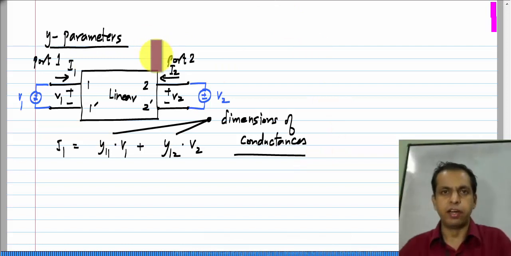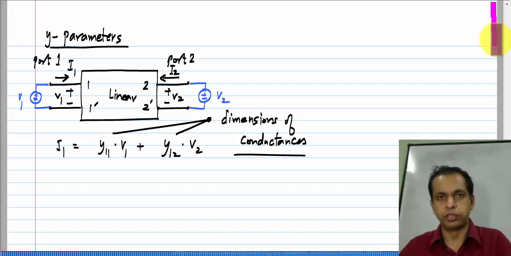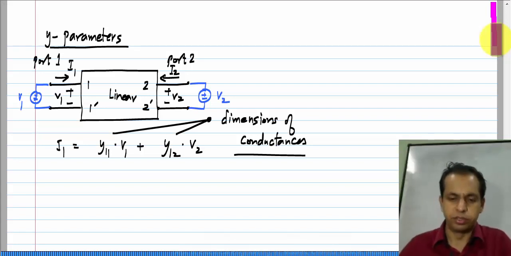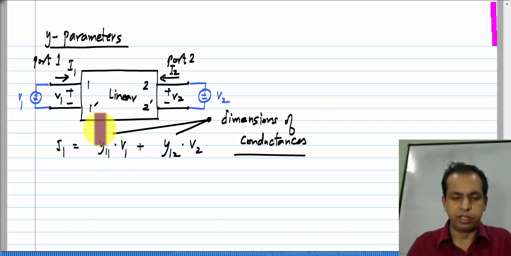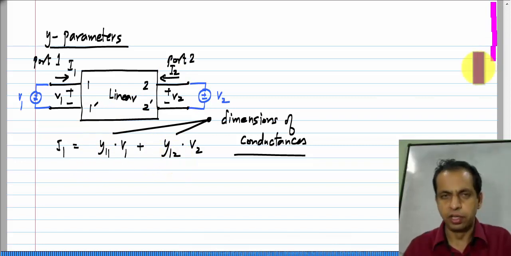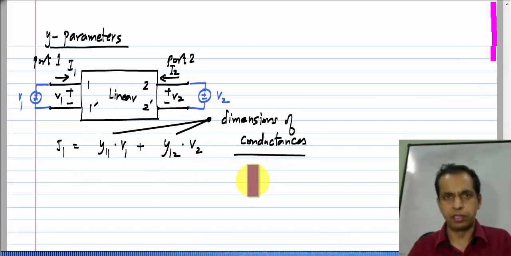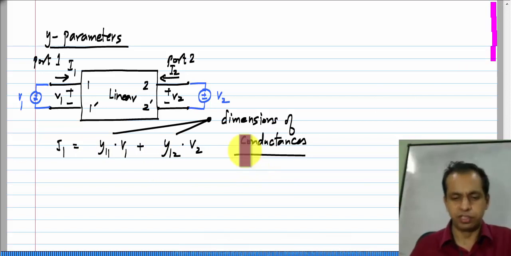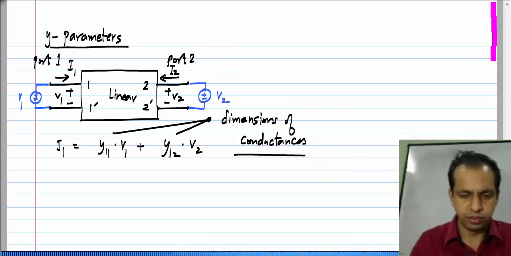We know that G is the letter used to denote conductances, but for frequency dependent circuits, there is a generalized form of conductance known as admittance, which is also the ratio of current to voltage, and that happens to be denoted by letter Y. So, these parameters which have these conductances as the proportionality in the linear combination are called Y parameters. For now, it is just a name for us. These Y parameters have dimensions of conductances.